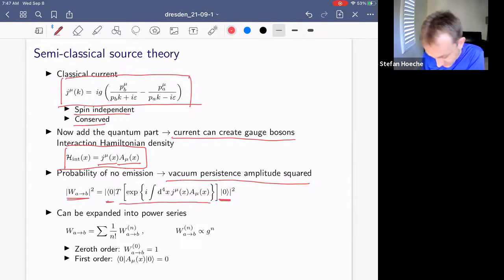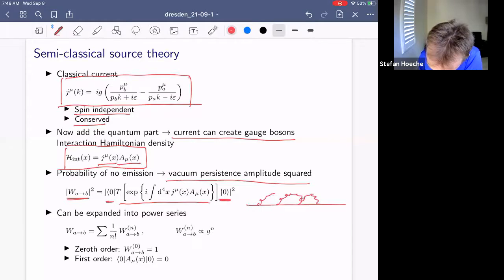That means as my current moves along from point X to point Y, it can create any number of fluctuations from the vacuum, but the important thing is that at the end, I have to reach the vacuum again, because I want to contract this with the ket state, with the bra state on the other side.